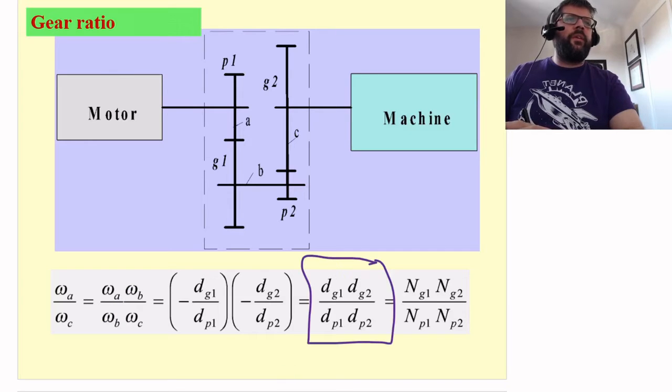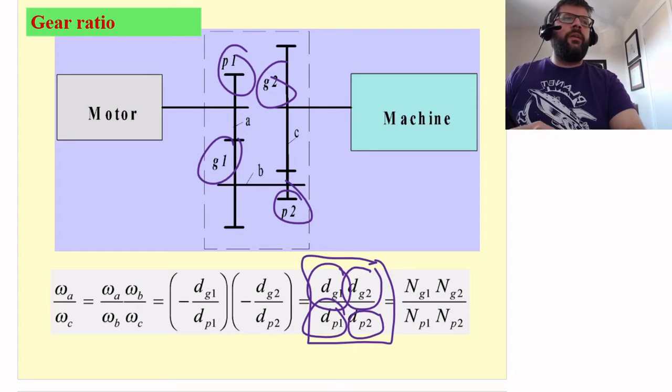So again, we've got gear 1 and gear 2, and pinion 1 and pinion 2, or the number of teeth on those gears, gear 1 and gear 2, and pinion 1 and pinion 2.